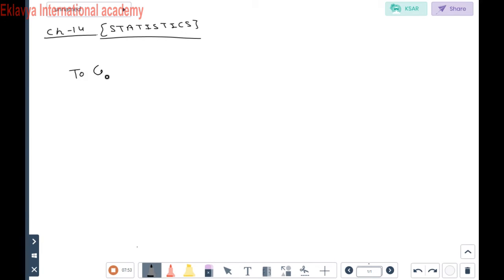So, to convert discontinuous class interval into continuous class interval, how will we convert?